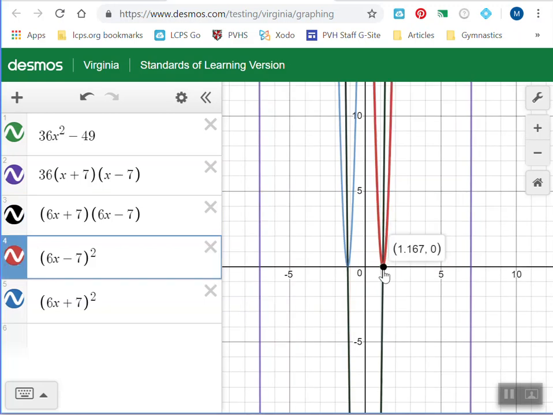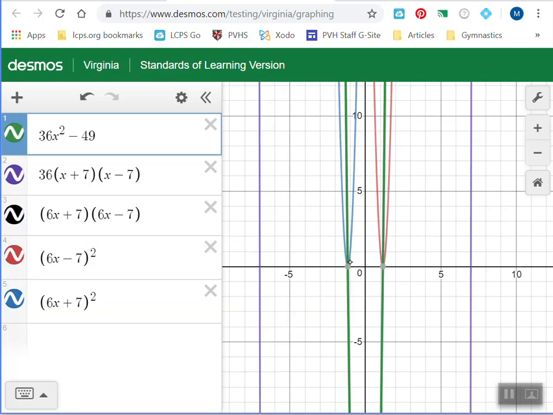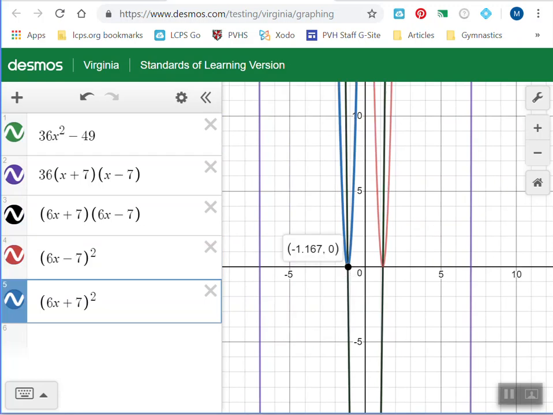The red one only has one x-intercept, and the blue one only has one x-intercept, so those are not correct. The black one, which is answer choice B, is the one that has the same x-intercepts as our original function. So that is going to be the correct answer.